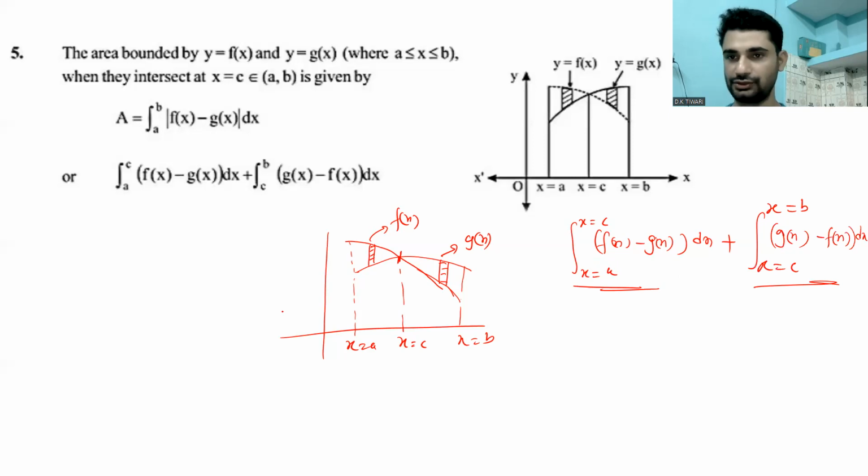There is another approach. We can easily calculate this area from x equal to A to x equal to B, only f(x) minus g(x). Take the mod. You can also calculate with this help.